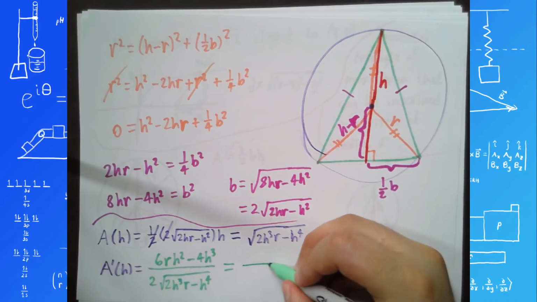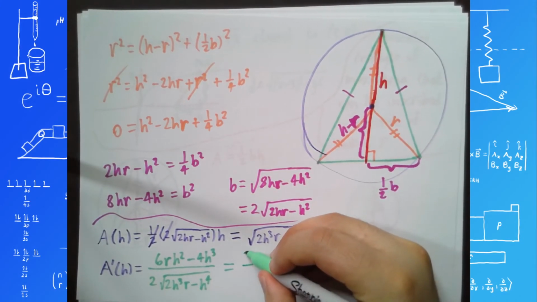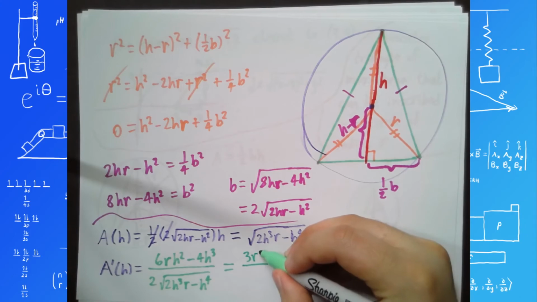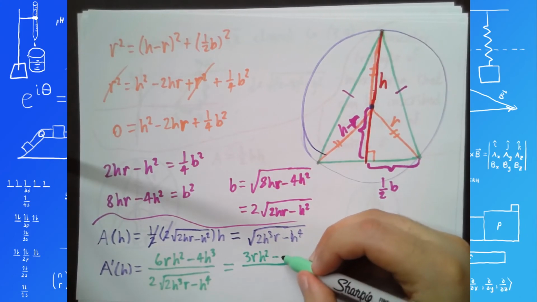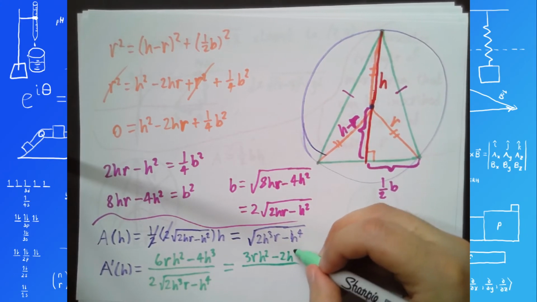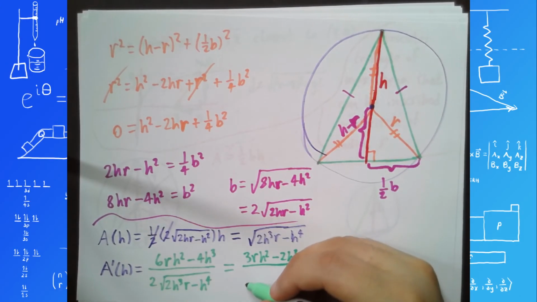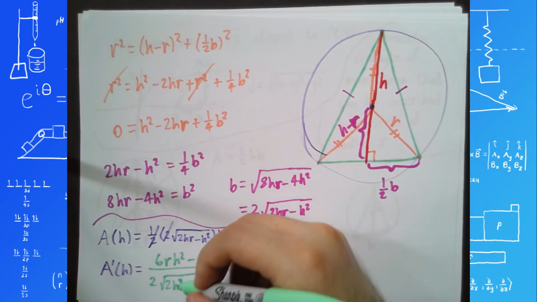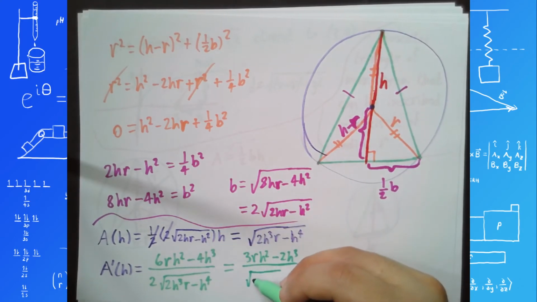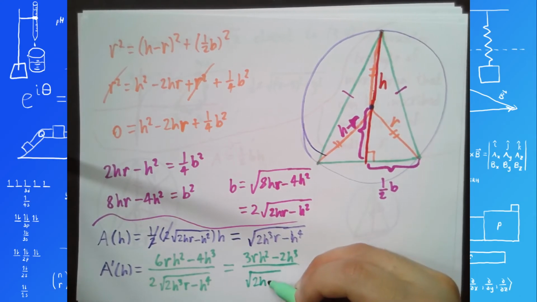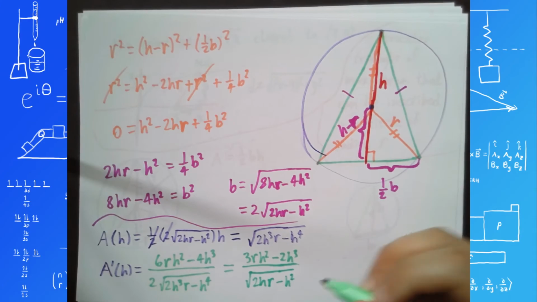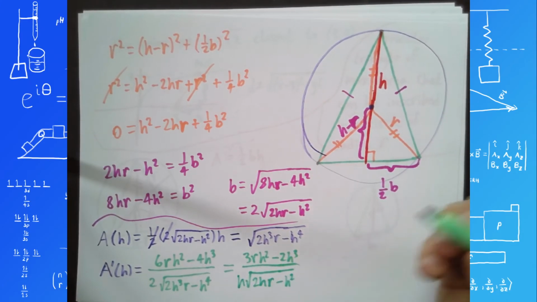So it looks like we've got 3r h squared minus 2h cubed over, the 2 has been canceled out, and then we've got the square root of, if I pull out an h squared, it's just 2hr minus h squared, and we'd have an h on the outside.